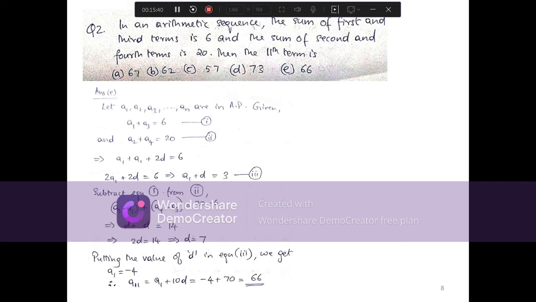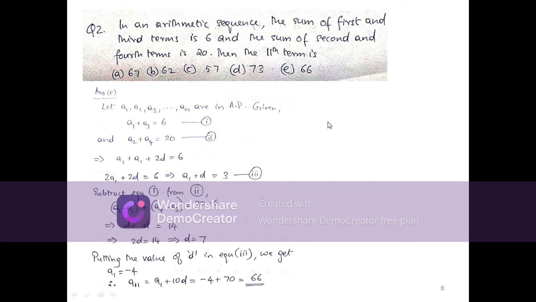The next problem: in an arithmetic sequence, the sum of the first and third terms is 6, and the sum of the second and fourth terms is 20.